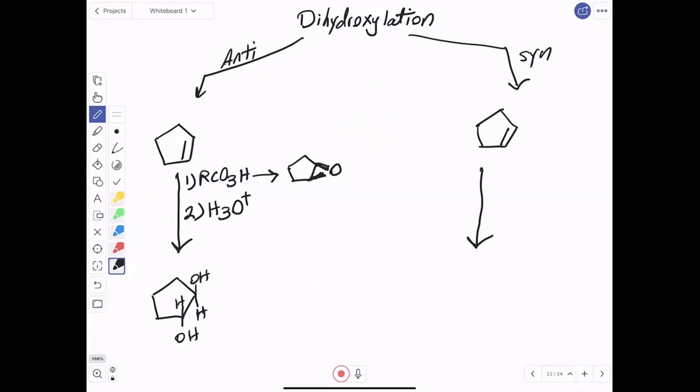The first one is osmium tetroxide, and the second one is permanganate. So you can use either one, osmium tetroxide, OsO4, or permanganate.